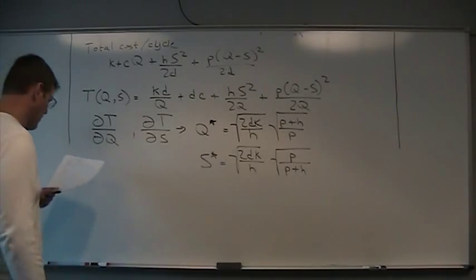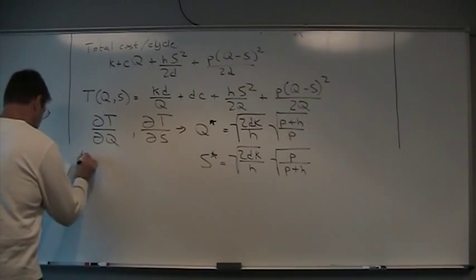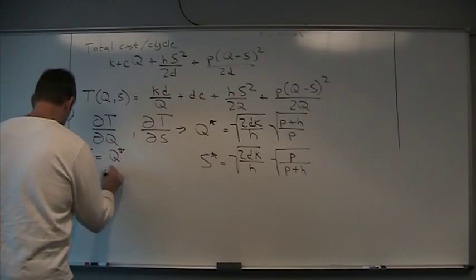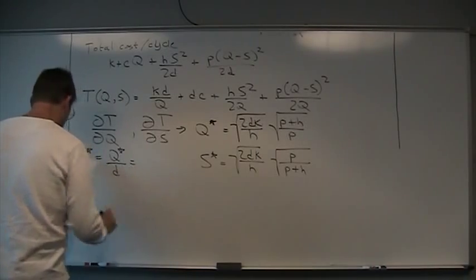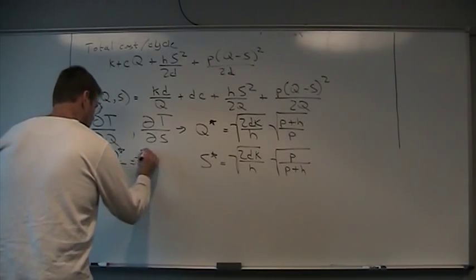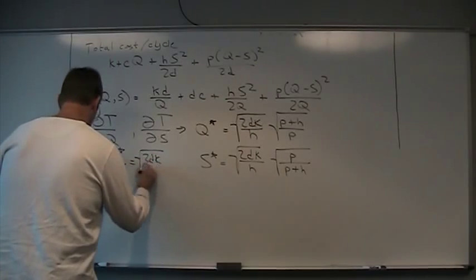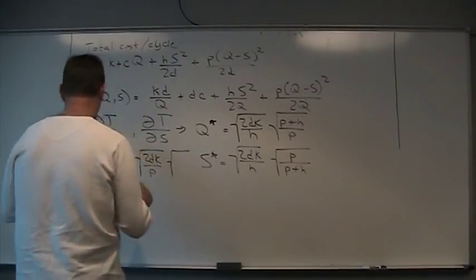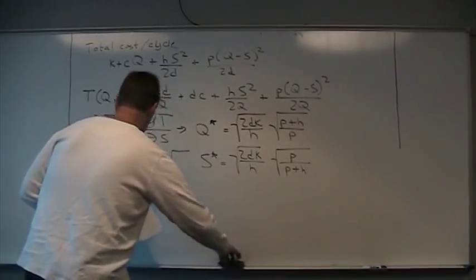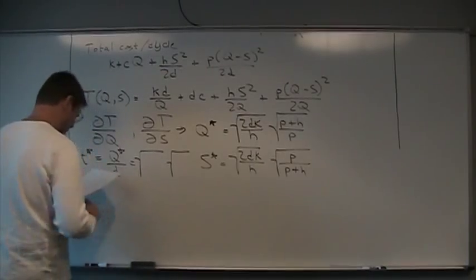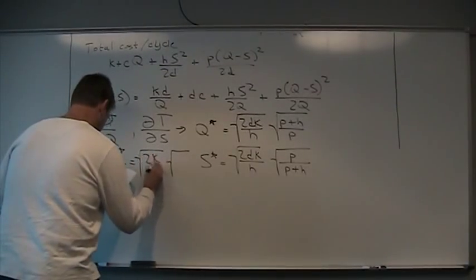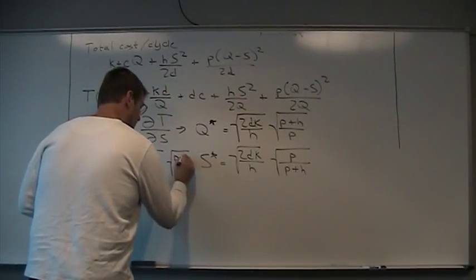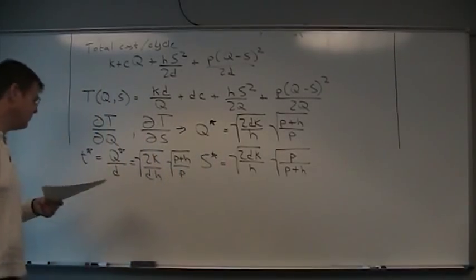As a result, we also get little t star is still Q star over D. That works out to be the square root of 2K over DH times the square root of (P plus H) divided by P. Oh, sorry, my goof, wrong line.